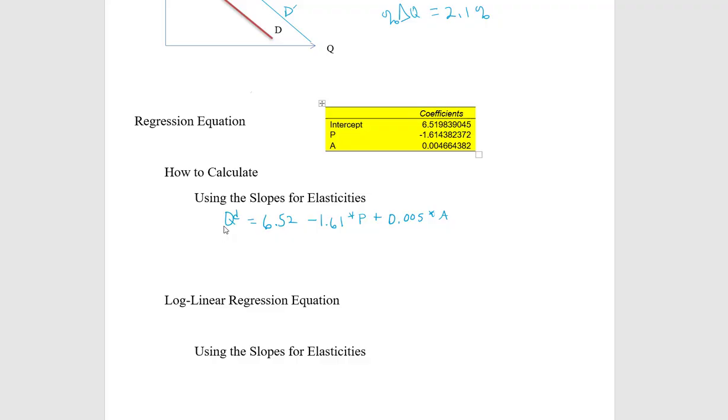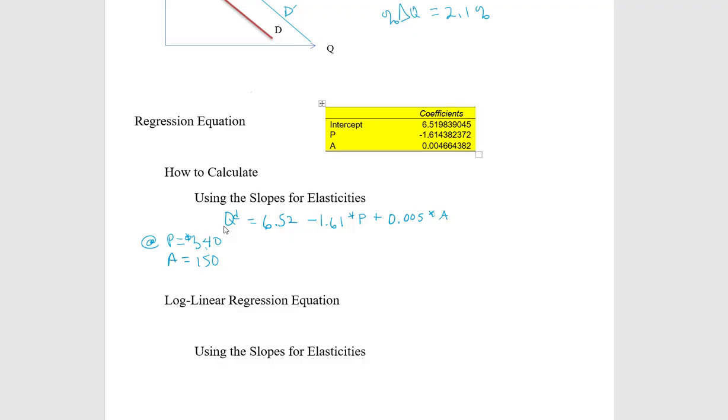For each dollar increase in the price per gallon, we're expecting to see about 1.6 million gallons fewer consumed. I can use these slopes for elasticities. So for example, if I had the price of $3.40 per gallon and the advertising budget was $150, well, this is 150 in hundreds, so $15,000.